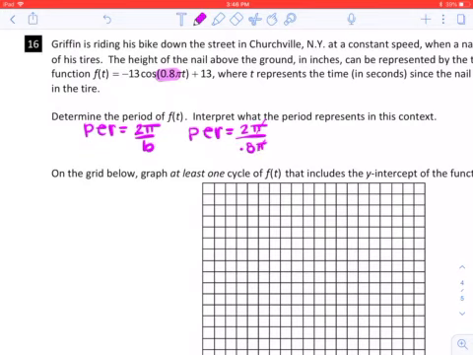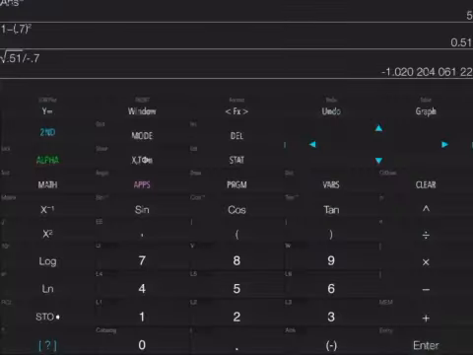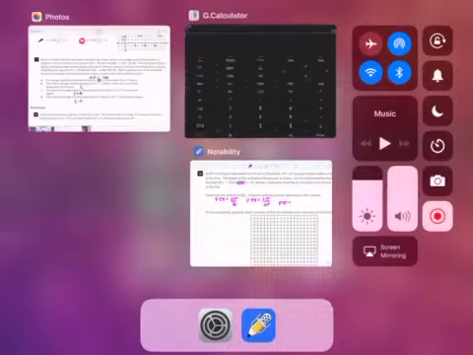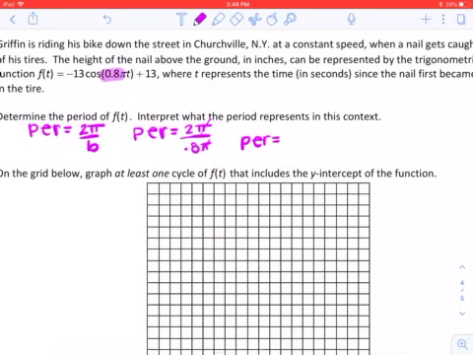My pi's cancel, so I'm just doing 2 divided by 0.8, and I get 2.5. So that's my period, it's 2.5, and now we have to explain that in context.